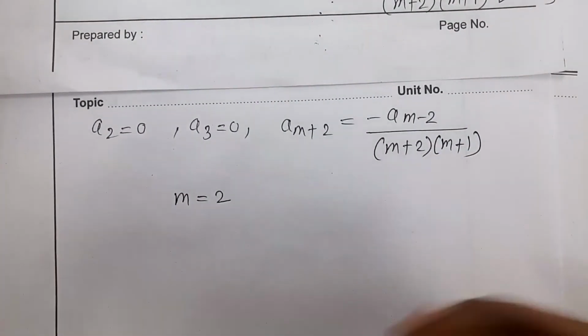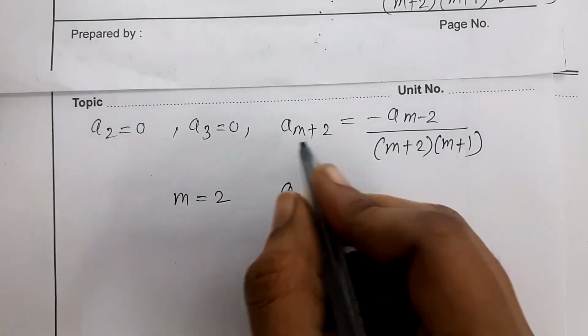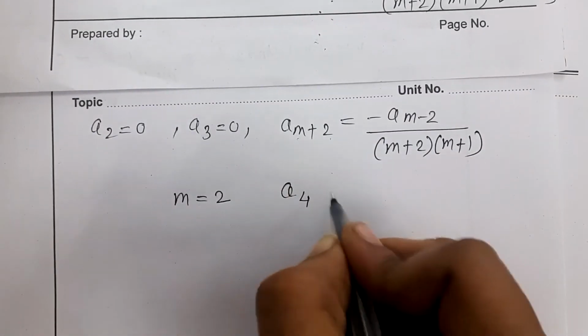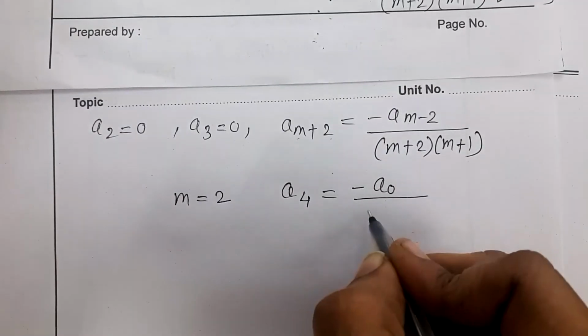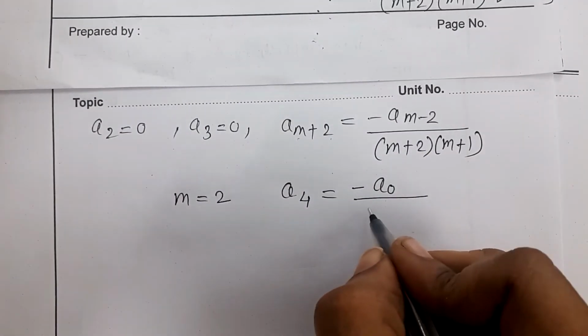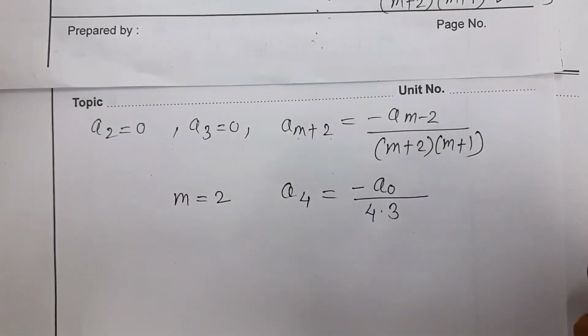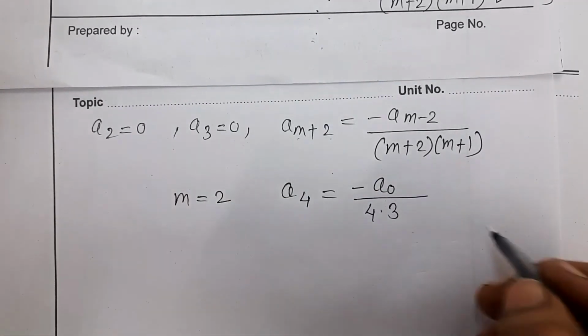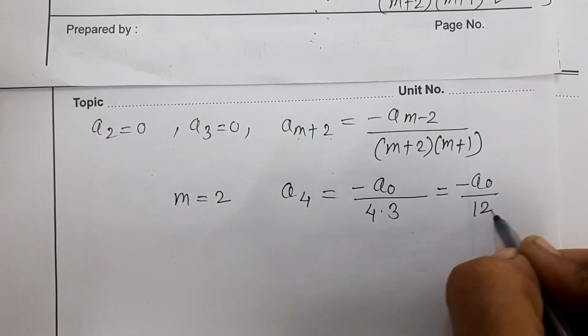So a(2 plus 2), it is a4, is equal to minus a(2 minus 2), that is a0, divided by (2 plus 2), 4, multiplied by 3. We don't know the a0 value, so we keep it as it is: a4 is minus a0 divided by 12.